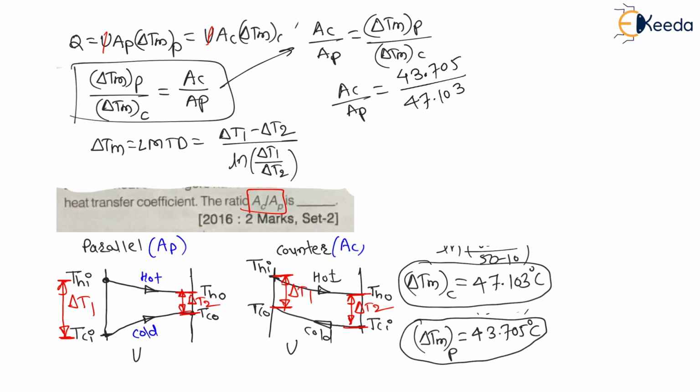So this ratio AC divided by AP you will find as 0.927, right? So my dear students, in this fill in the blanks you have to type 0.927 for getting 2 marks, right? Therefore the correct answer is 0.927.